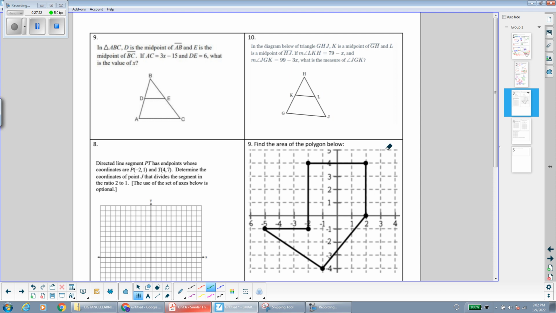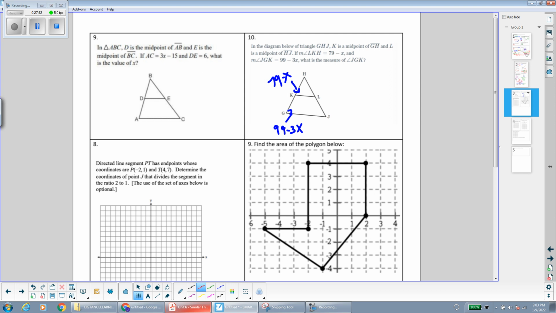If the measure of angle LKH is 79 minus x, so that's this angle right here, and the measure of angle JGK, so this angle right here, is 99 minus 3x, what is the measure of angle JGK? So we're looking for this angle here, which is represented as 99 minus 3x.